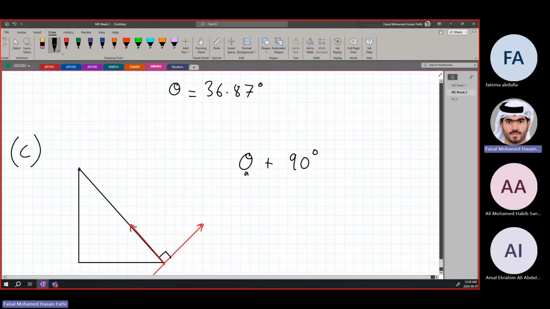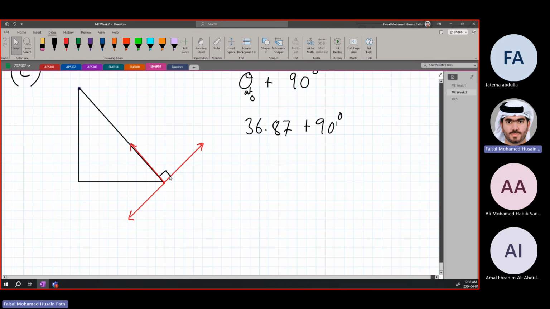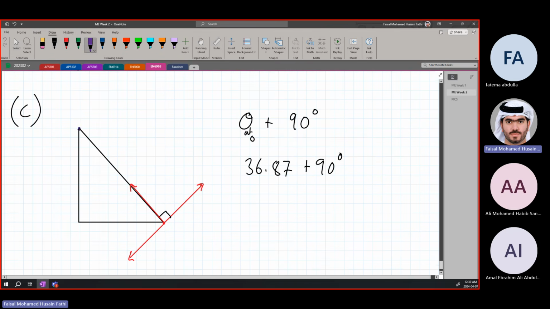Theta at 0 plus 90 degrees, meaning 36.87 plus 90 degrees. That's it. So the whole idea is you want the force to be at a right angle with the moment point you are trying to find.